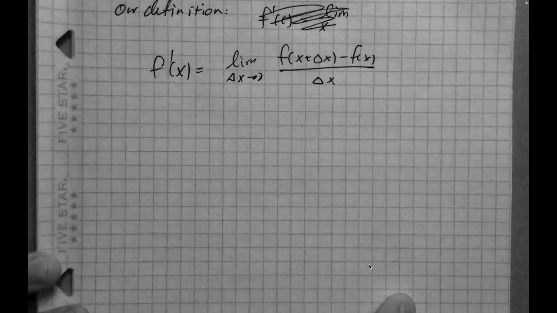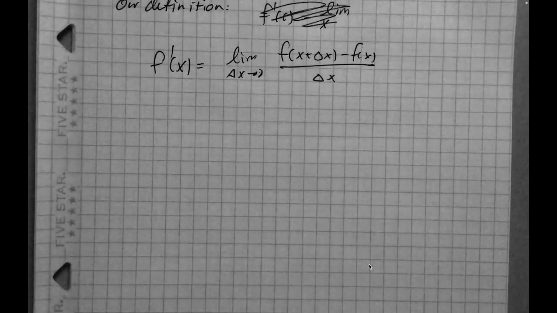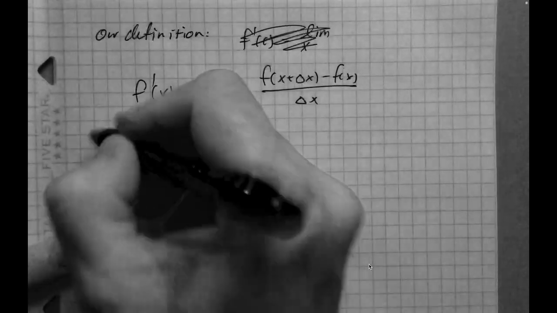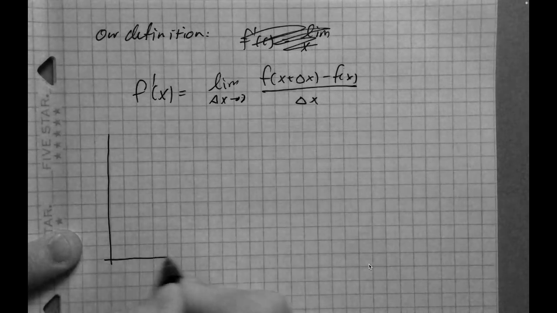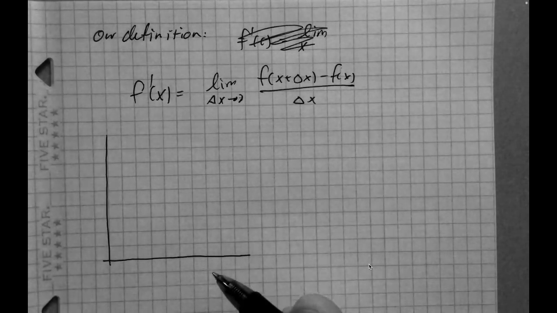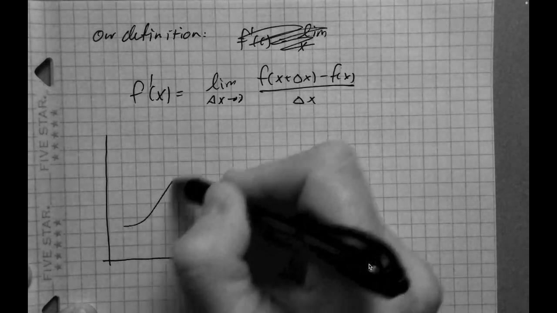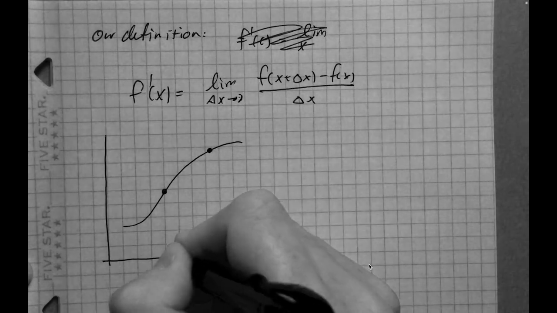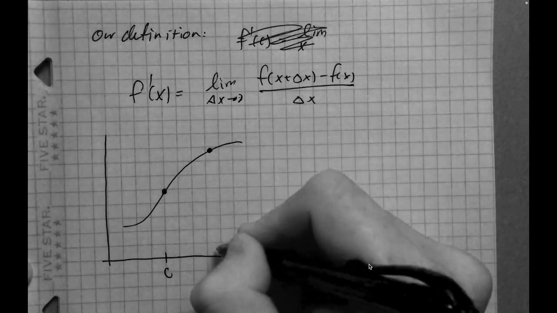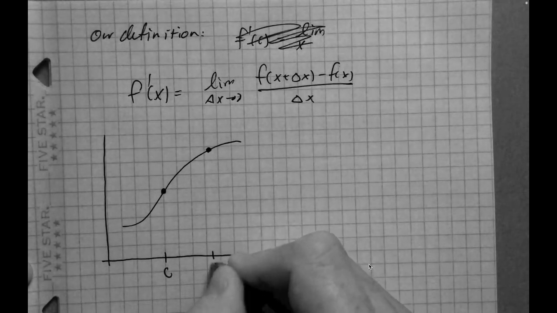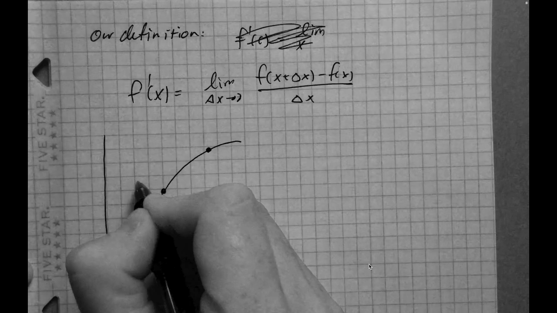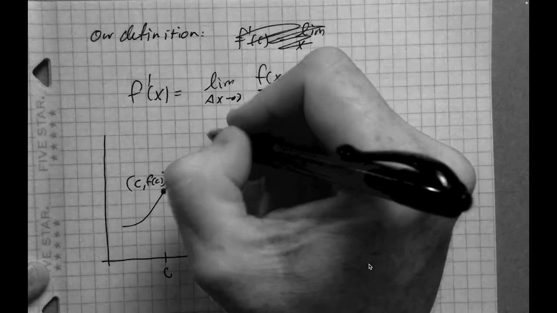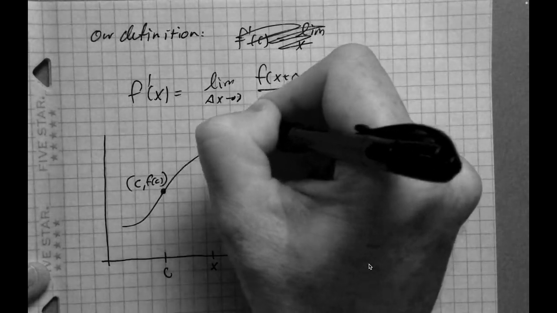Now, at times, there are other definitions that you can use. One particularly handy definition goes like this. It's basically just a change in the way that we denote some of these things. Let's imagine we have our function here, and we've got our 2 points just like before. This is the point c, and this time we're going to name this other point x. So this point here is c comma f of c, and this point up here is x comma f of x.